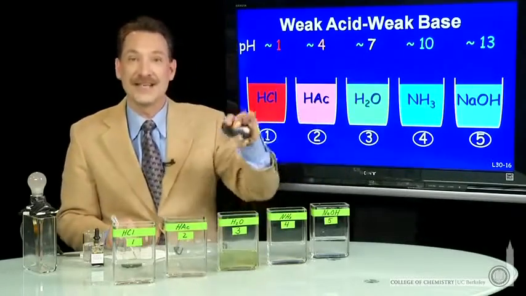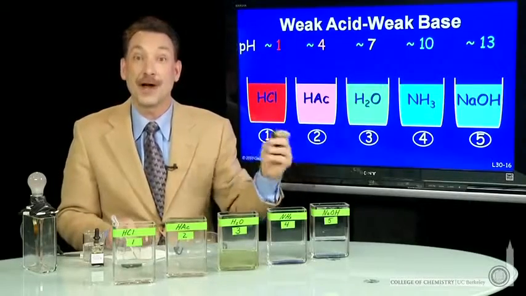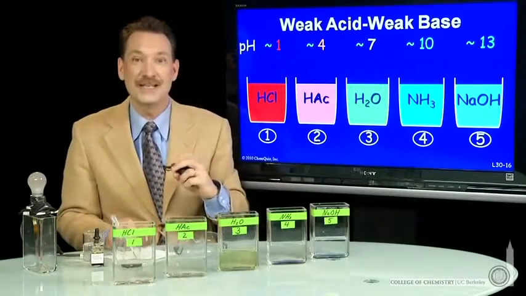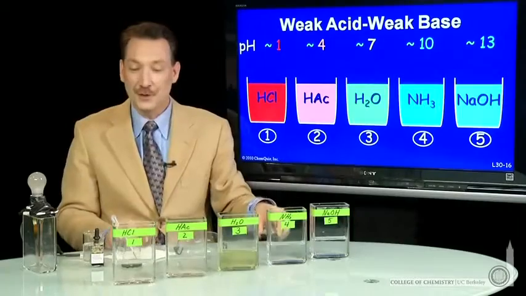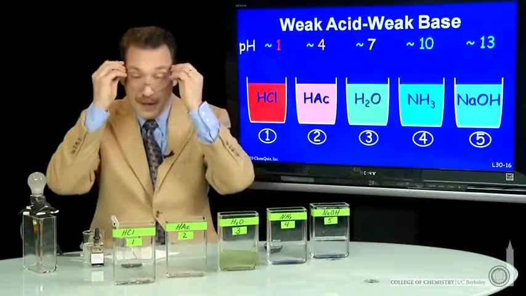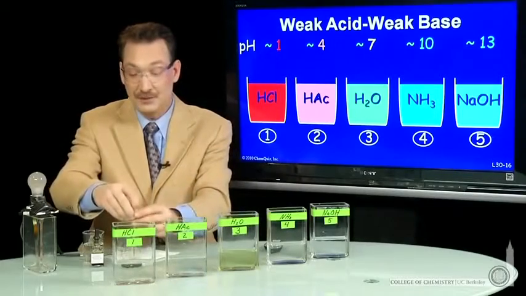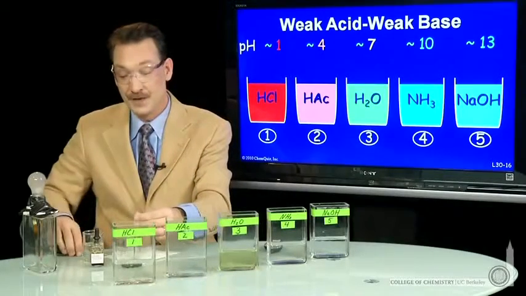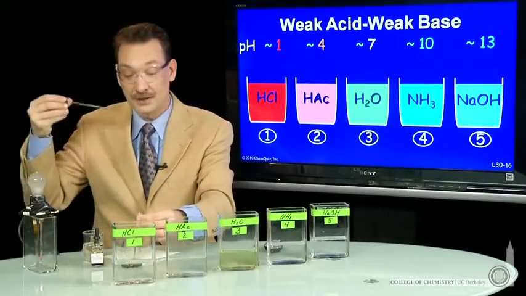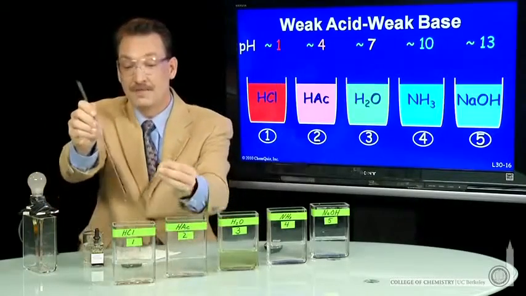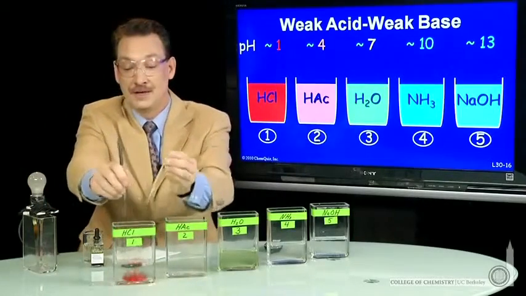The OH minus and the H3O+ concentrations, the product is always 10 to the minus 14 in water. So I can look at these and we can put a little indicator in each, and as we put a little indicator in, we'll see the color reflective of the relative pH.